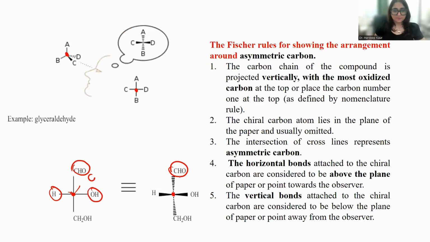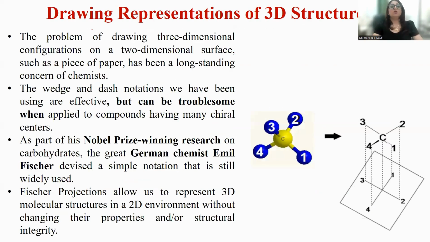In the previous example, here A and B are on the plane, normal, C is near the observer and D is away from the observer. Now, how can we represent this one?